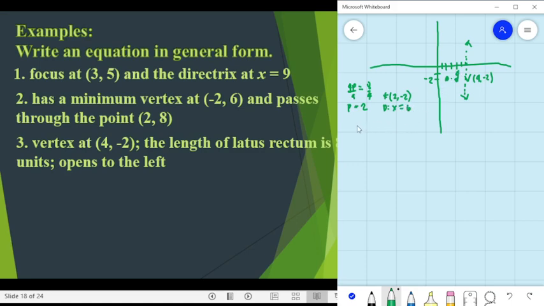And then after that, your axis of symmetry is this, we have y is equal to -2. And then your ends of LR is 8, so 4 units above and below the focus.